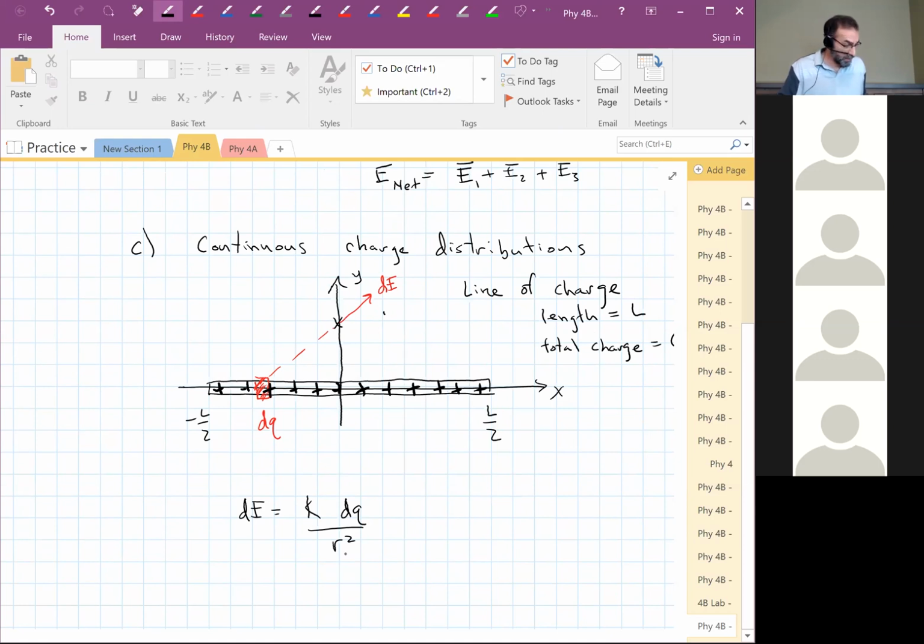Now, what do I want to do? I want to add them all up. I want to integrate. What's the problem with that? The problem is this is a vector quantity, right? So if I pick a different dq, let me go with blue, then that's going to create an electric field that points in this direction.